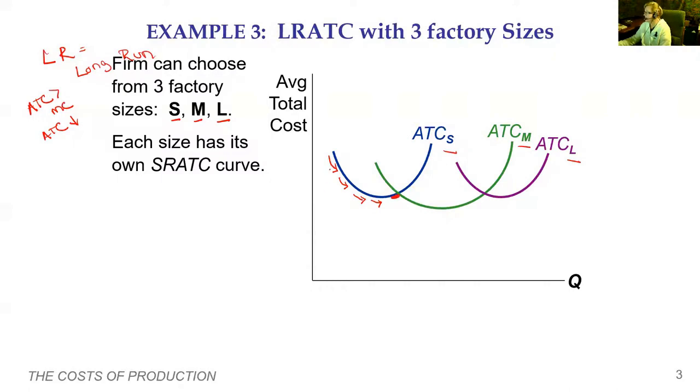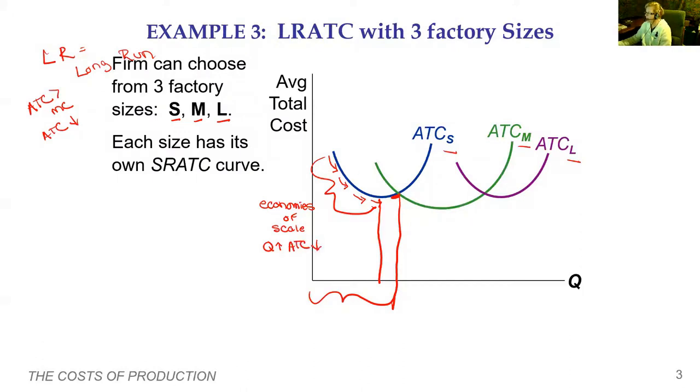As this is decreasing, we call this economies of scale. Economies of scale mean that as the quantity increases, over this quantity, my average total cost is declining.